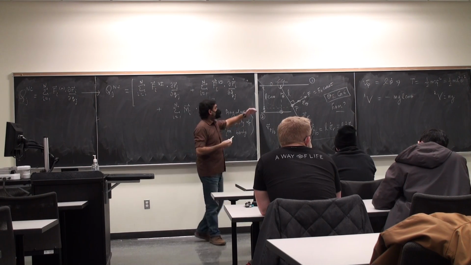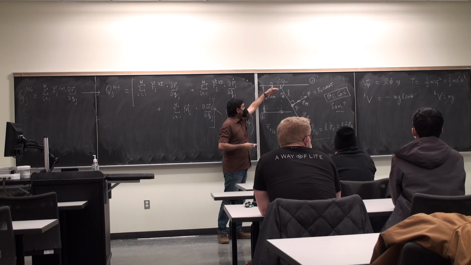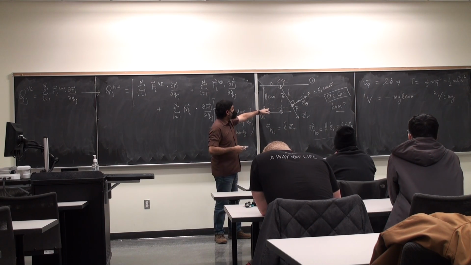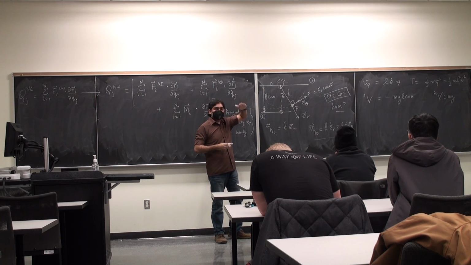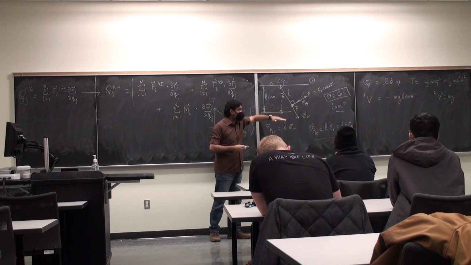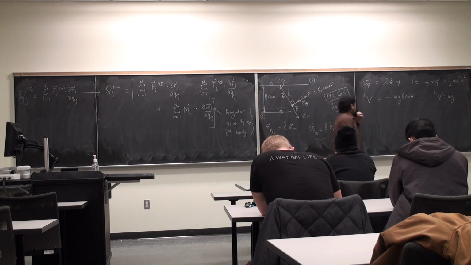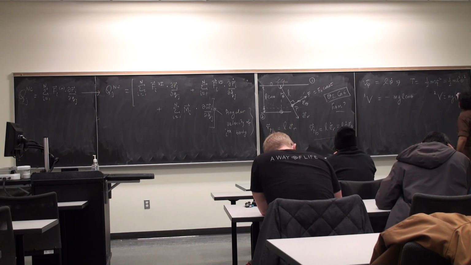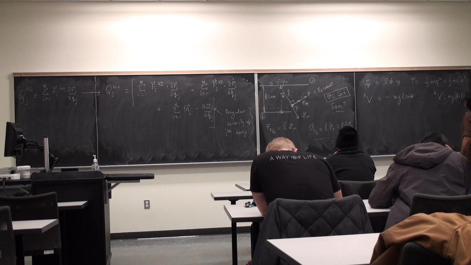In the first datum, my distance is from the point here all the way to where the particle is sitting. So I just drew that out there. That's my vertical distance, sorry. Second one, the vertical distance is from this datum all the way to where the particle is sitting. It's a positive distance. Mg times L minus L cosine theta.